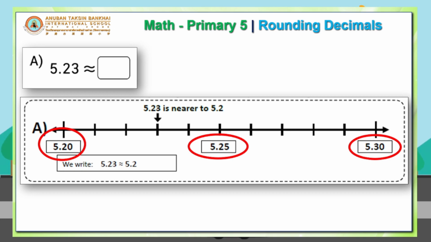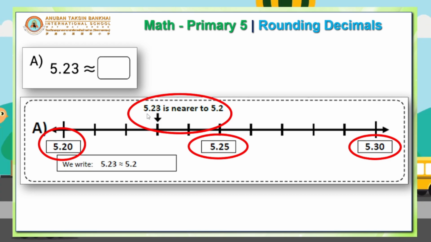Now let's write the exact position of 5.23. Take note, we have 5.20, 5.21, 5.22, and here we have 5.23. So this is the exact position of the number. So we're going to write that 5.23 is nearer to 5.2.